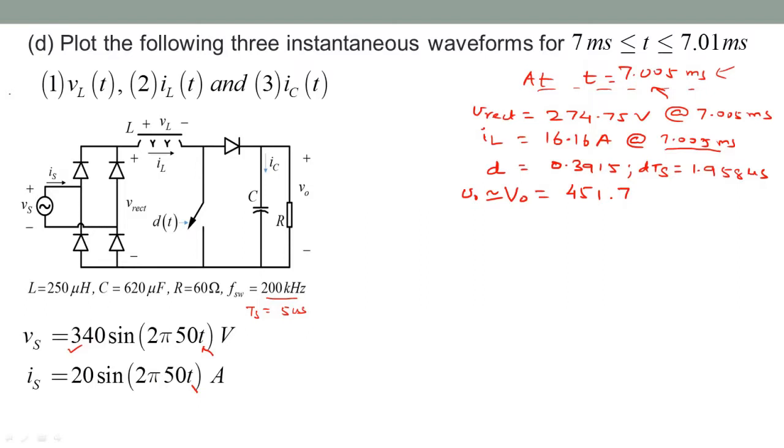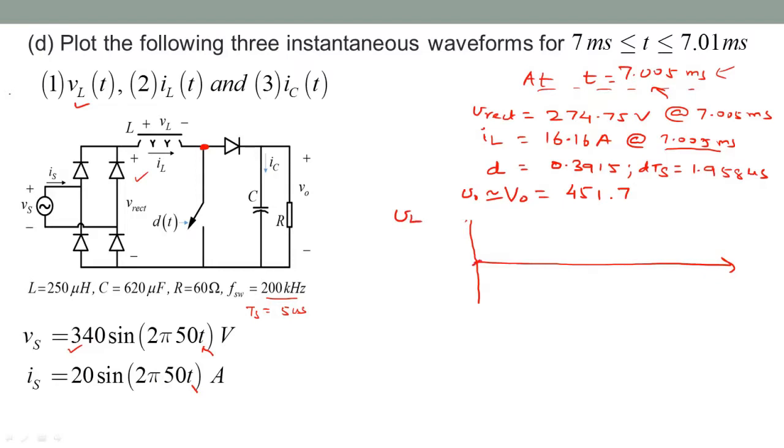The first waveform to be drawn is VL of t. Looking at the inductor, it is Vrect minus the voltage at this switching node. So Vrect is a constant value in that time interval, whereas the node voltage is switching between 0 when the switch is on, for a duration of dTS, and Vout for the duration of 1 minus dTS. So we can draw the VL waveform, which clearly is a switching AC voltage waveform. This is VL.